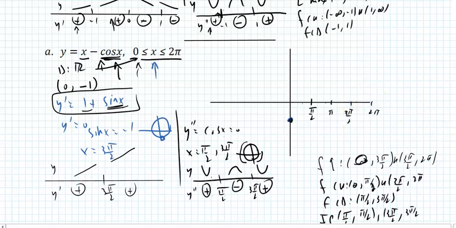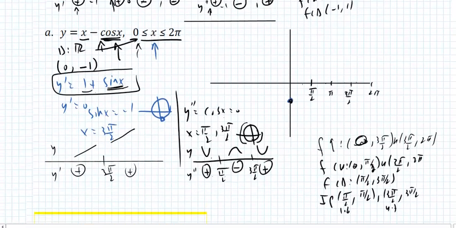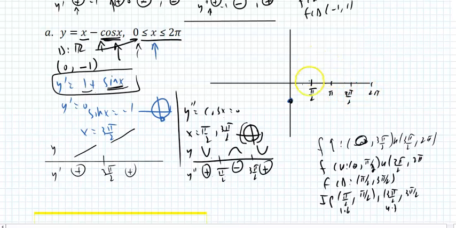So we don't have any maximum or minimums. We have an inflection point at pi over 2, pi over 2. We have another inflection point at 3 pi over 2, 3 pi over 2. Right?